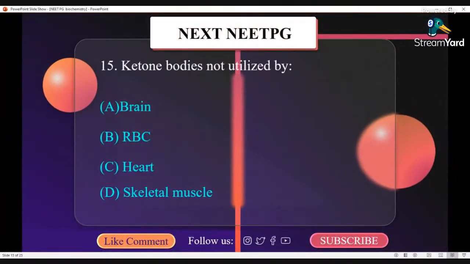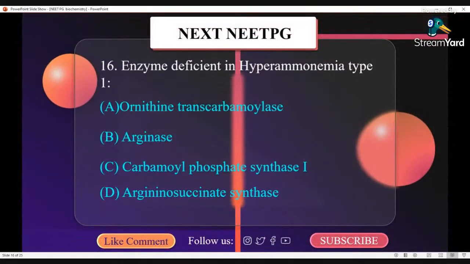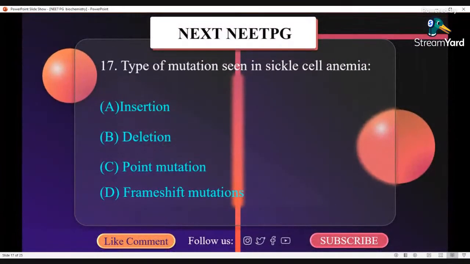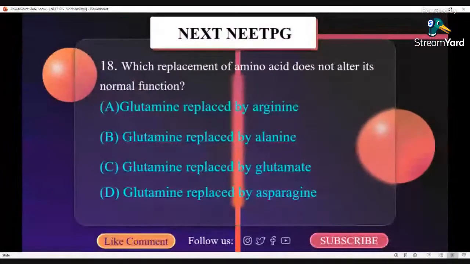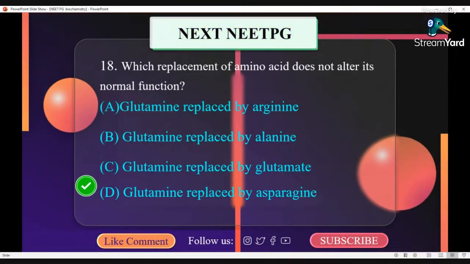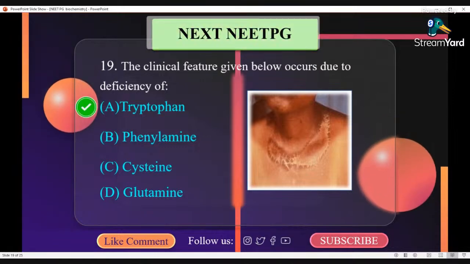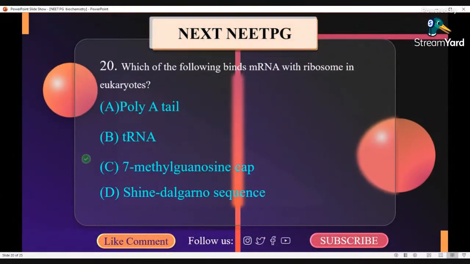Ketone bodies are not utilized by RBCs. Enzyme deficient in hyperammonemia is CPS1. Point mutation. Tryptophan. 7-methylguanosine cap.